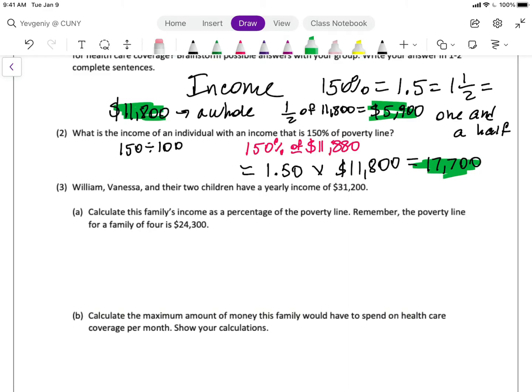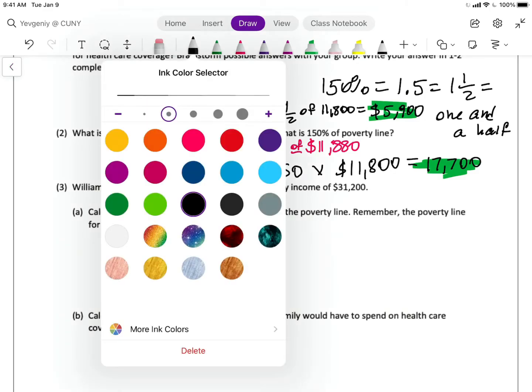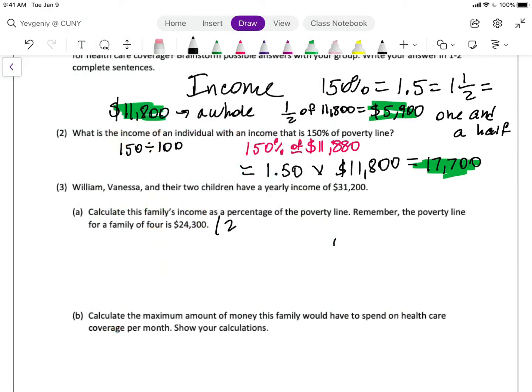All of this data is from 2016. Right now, our numbers are higher, but the idea is the same. Alrighty, so now let's look at this family. So they're making 31,200. Is this more than the poverty line or less? More, absolutely. So it's more than 24,300.